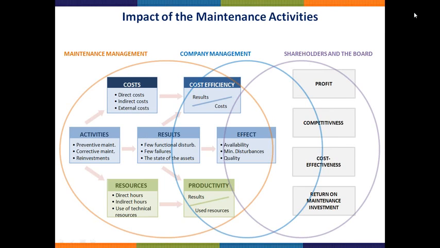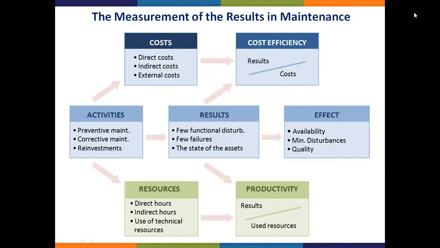As you can see, all the activities related to maintenance management impact the overall company's management aspects, and in turn impact the shareholders and the board or the stakeholders' objectives. So again, we have to relate it, so some KPIs and performance indicators can actually reflect the end or the lagging results.